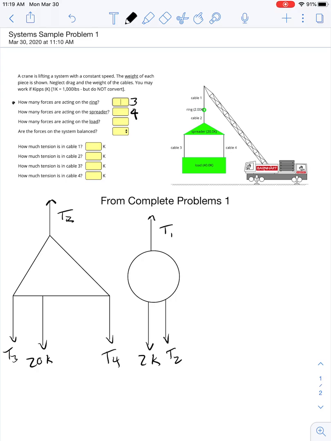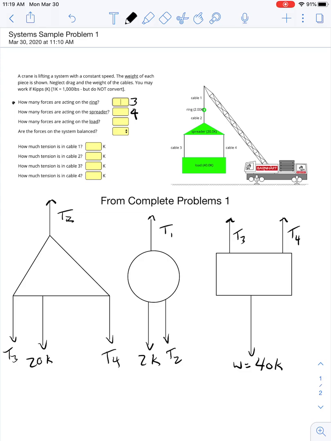Now, how many forces are acting on the load? Well, let's draw a little load here. We've got, as always, the weight, which is 40 K. We've got cable 3 and cable 4 acting upwards on it, T3 and T4.